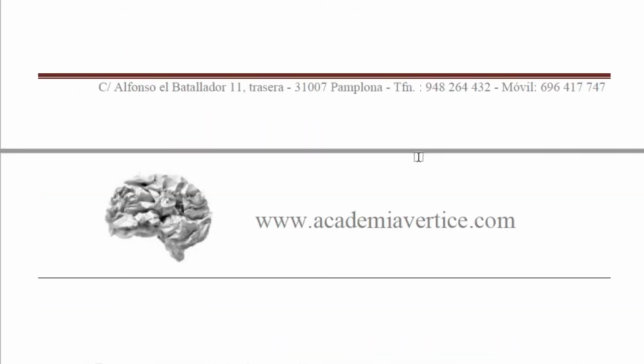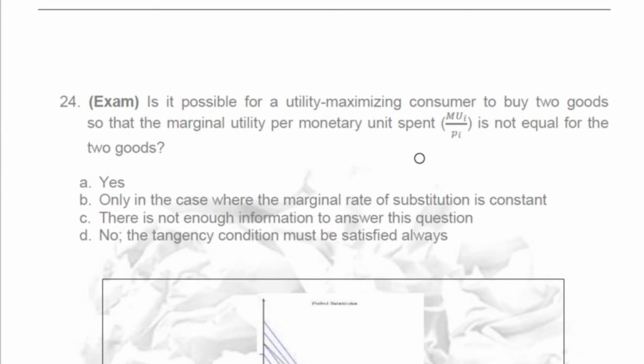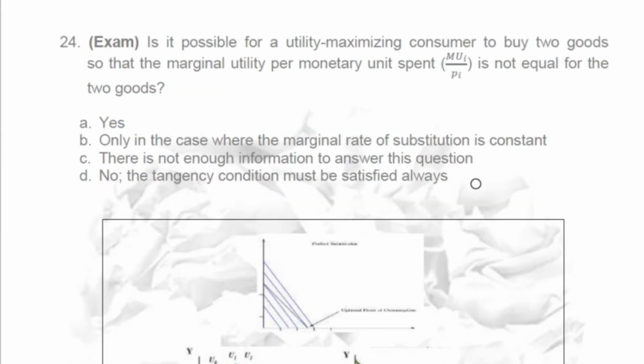Okay. Now another exam question: is it possible for a utility maximizing consumer to buy two goods so that the marginal utility per monetary unit spent is not equal for the two goods? This is a very beautiful question. Yes, it could happen.